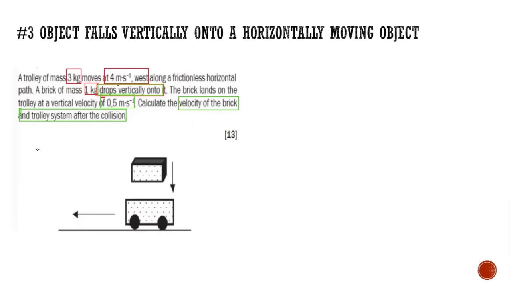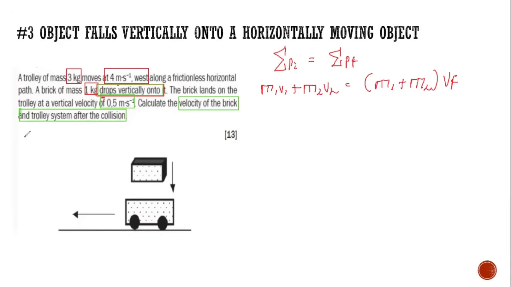This is still a similar case, but it's a bit special, as I will explain. The sum of momentum initially is equal to the sum of momentum finally. So we have m1v1 plus m2v2 equals (m1 plus m2) times the same final velocity, as they will be moving together as a system, or a unit.